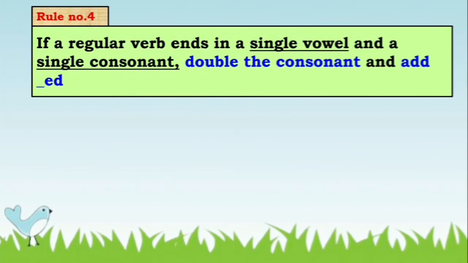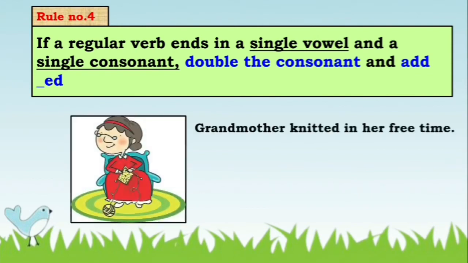Rule number 4. If a regular verb ends in a single vowel and a single consonant, then we have to double the consonant and add ed. For example, grandmother knitted in her free time. Here the verb is knitted. So children, the base form or the original form of the word knitted is knit. So to form a past tense, we have to observe the verb carefully.